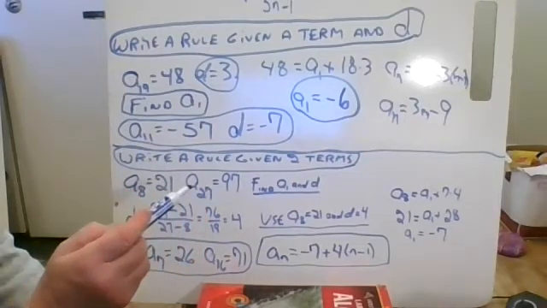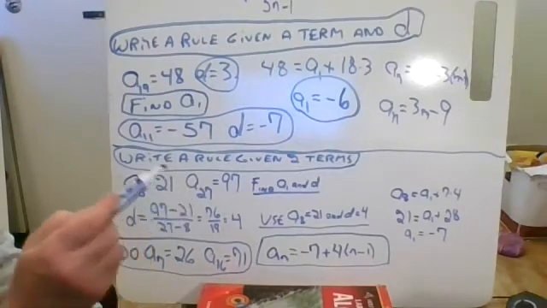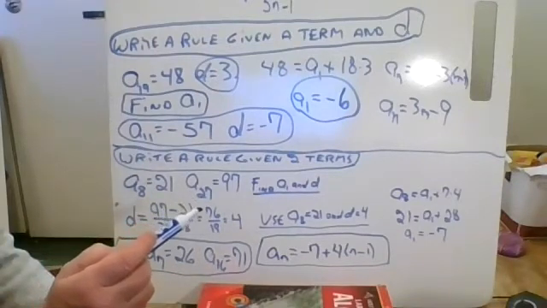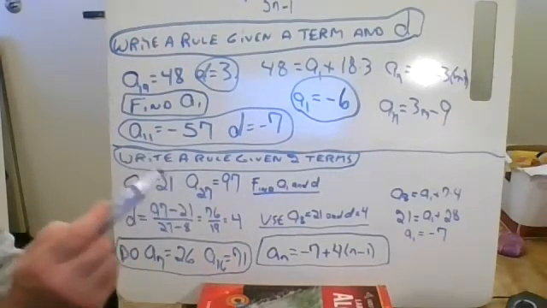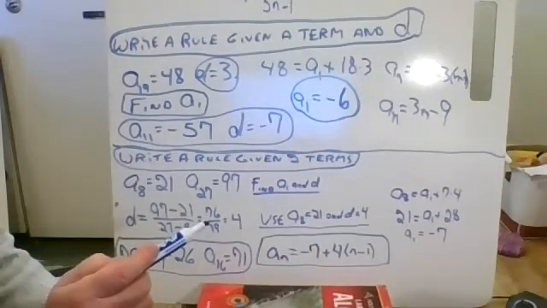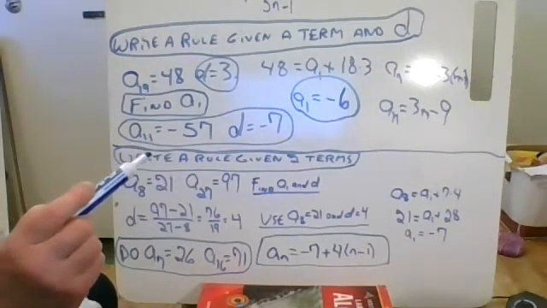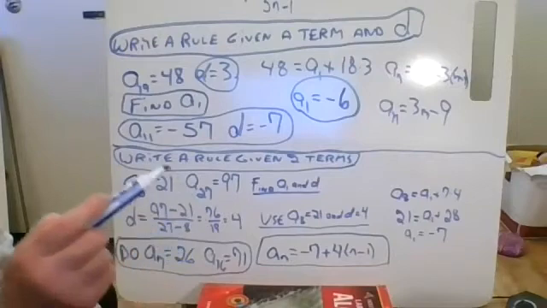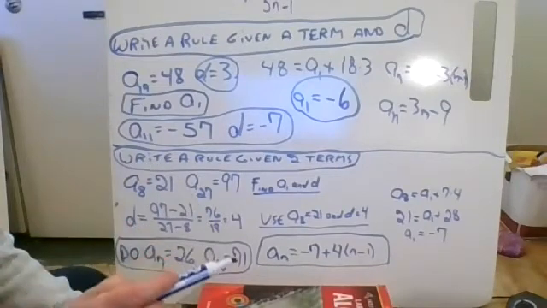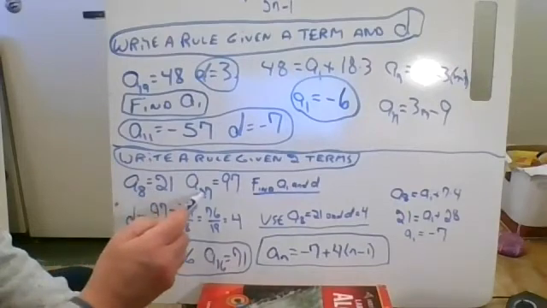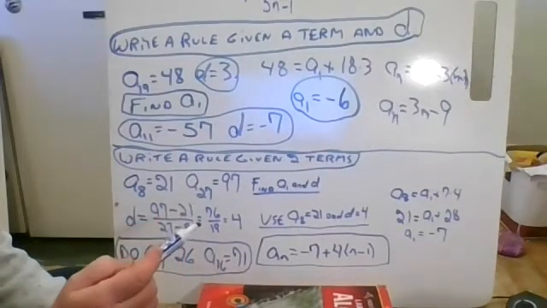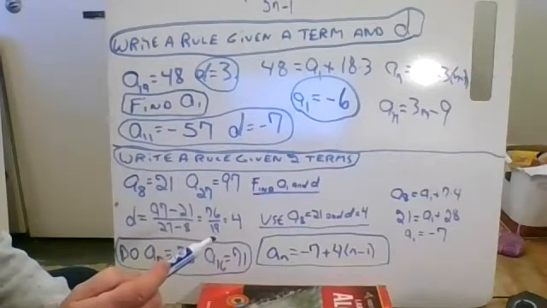Given two terms, can you find the term generator? And what does it take to find the term generator? You need a sub 1 and d, right? So somehow from this information, we need to find a sub 1 and d.